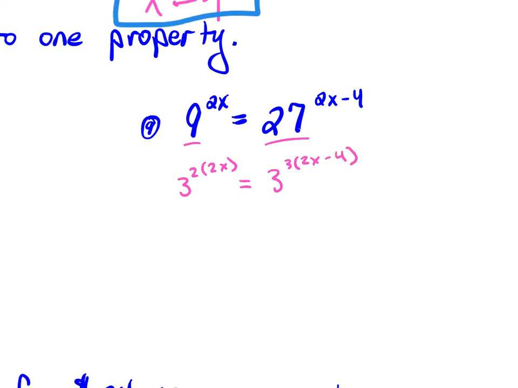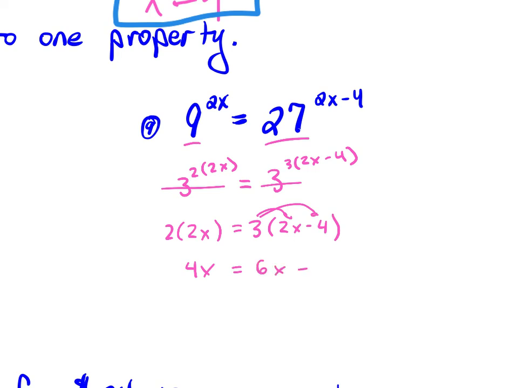So once our bases are the same, we can cancel them out. So I have 2 times 2x is equal to 3 times 2x minus 4. Here we have 4x. And then here I need to distribute. So I have 6x minus 12. I can subtract 6x on both sides.